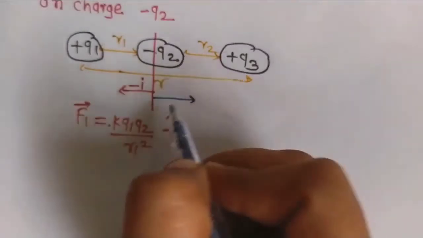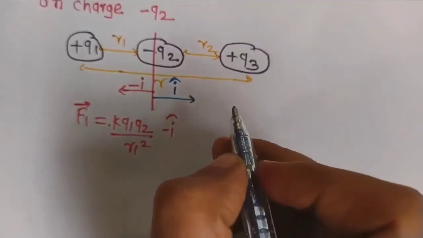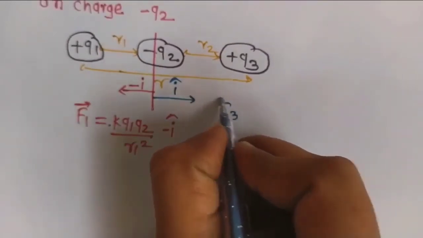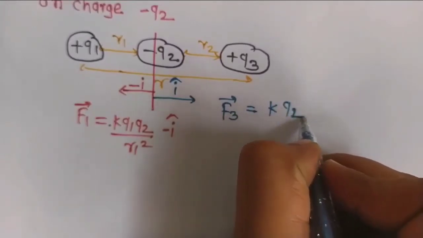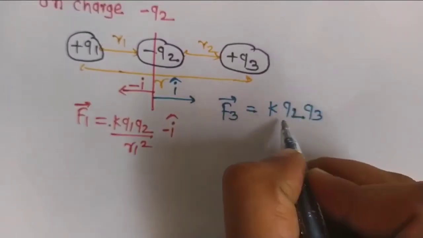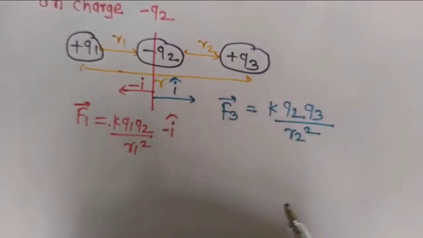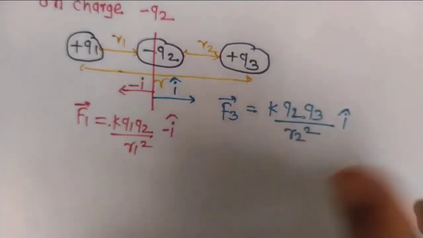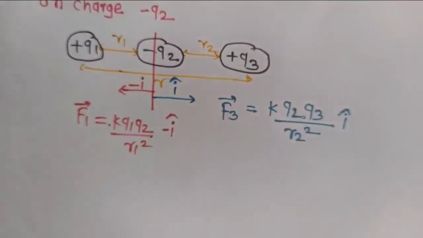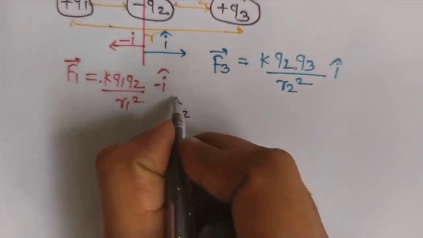The force on the charge Q2 due to the charge Q3 is in the direction of Q3, the unit vector in the direction of Q3, that is I cap. F3 is equal to K Q2 Q3 upon R2 square I cap. This is in the right hand side, therefore it is plus I cap.